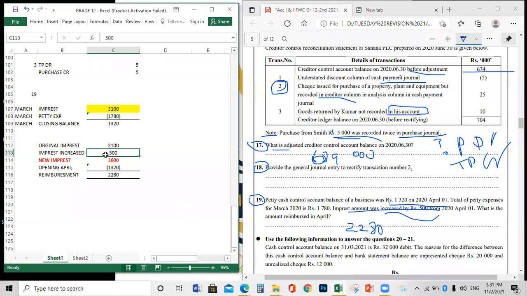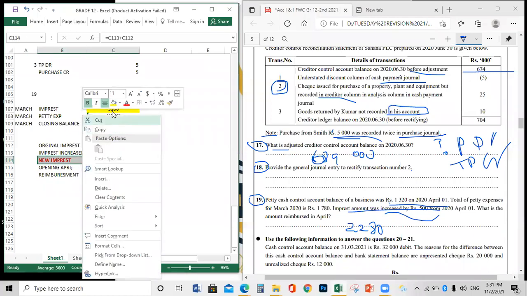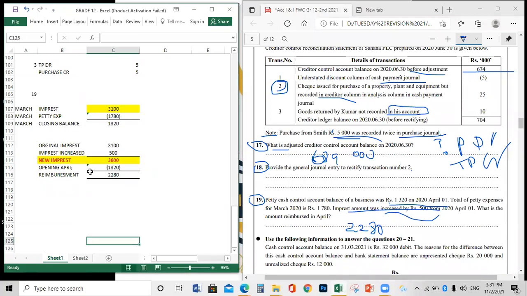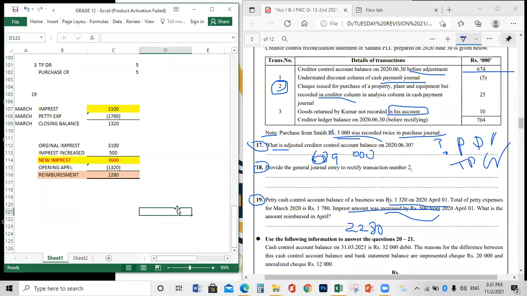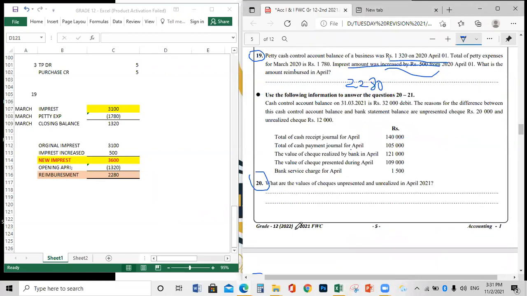You have 1,320 in your hand. In order to get 3,600, you will ask the main cashier to give you another 2,280 more, so that you achieve the new interest amount. So you have to ask 2,280 rupees. Clear? So that is going to be your answer.